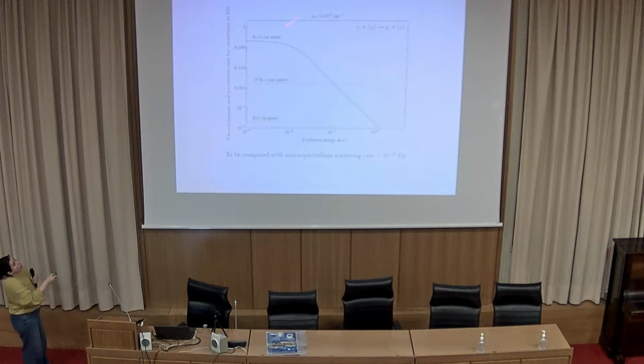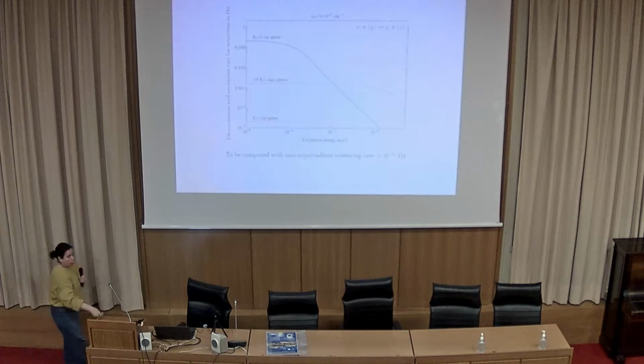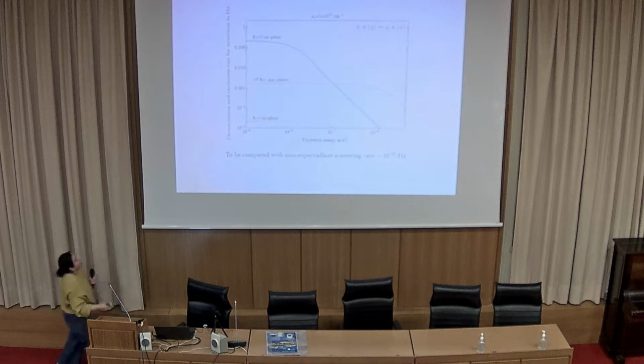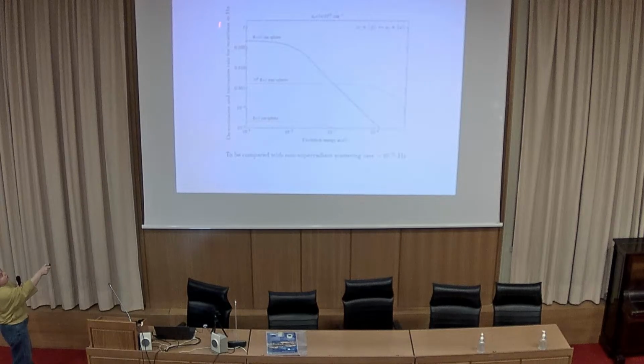This plot shows the total rate, which is the sum of excitation and de-excitation, because these two processes will happen at the same time. You can both excite and de-excite. And this is the de-excitation rate in hertz, as a function of the energy splitting between the spins.